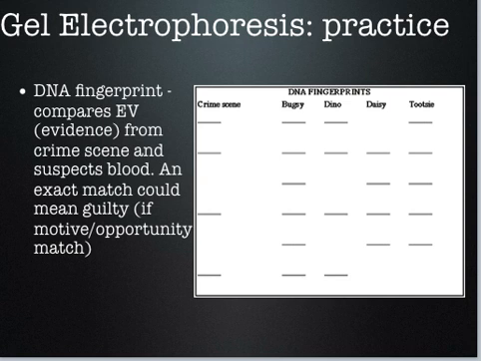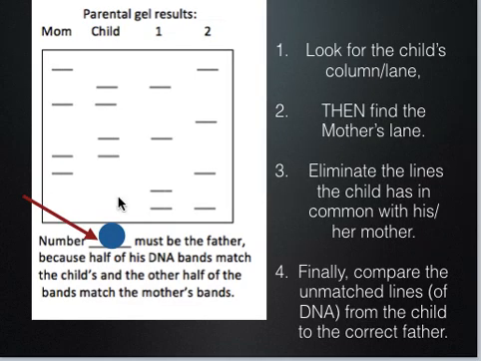So let's go down to this. All right, so here is another kind of gel. This is what sometimes people call the Who's Your Daddy gel. So here's a mama, and here's her baby. We know from meiosis we are 50% of each of our parents.